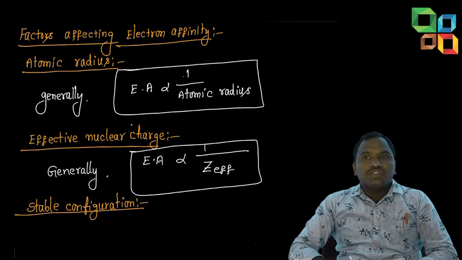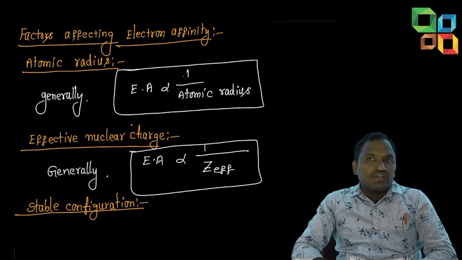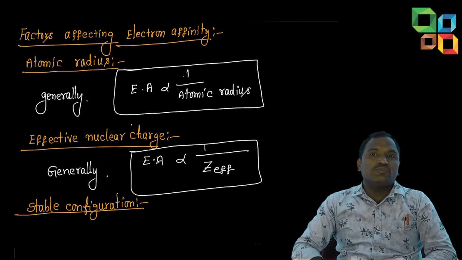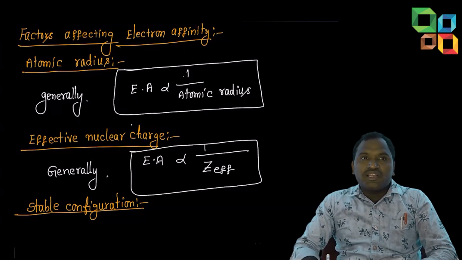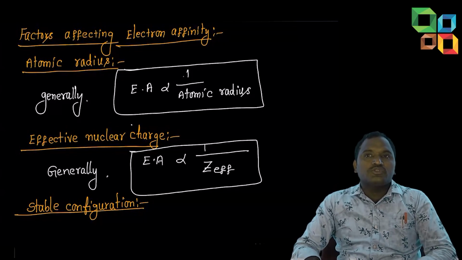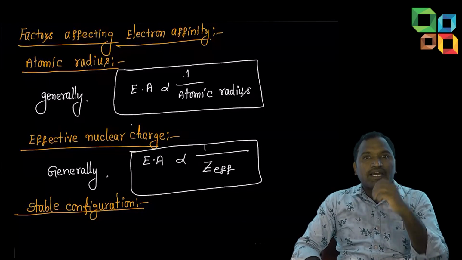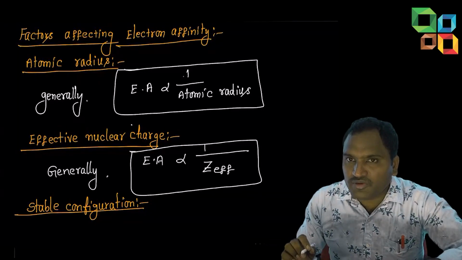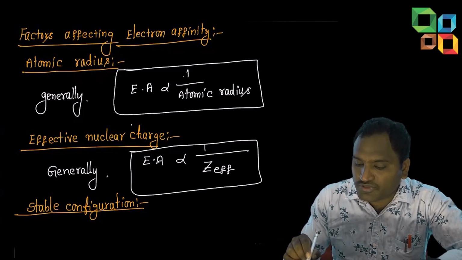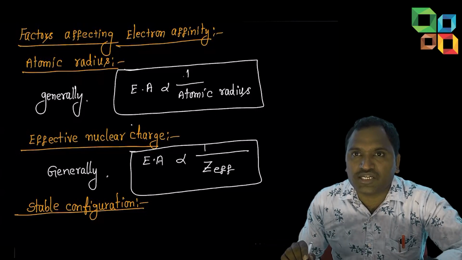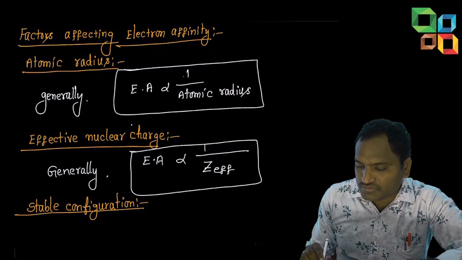So generally for elements with stable electronic configuration, the electron gain enthalpy or electron affinity is almost equal to 0. Even for noble gases electron affinity is almost 0. Nitrogen, electron affinity almost 0. Beryllium almost equal to 0, since they have stable configuration.